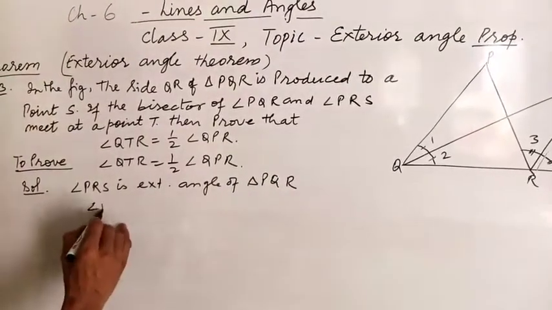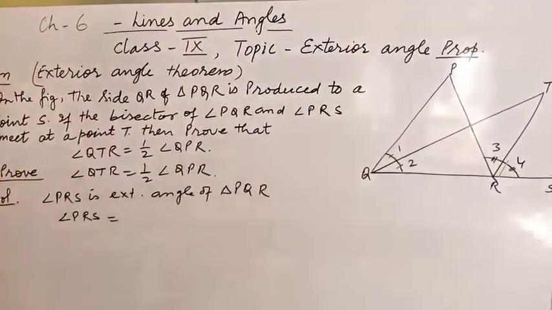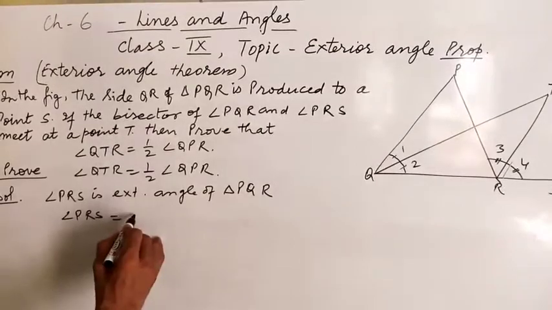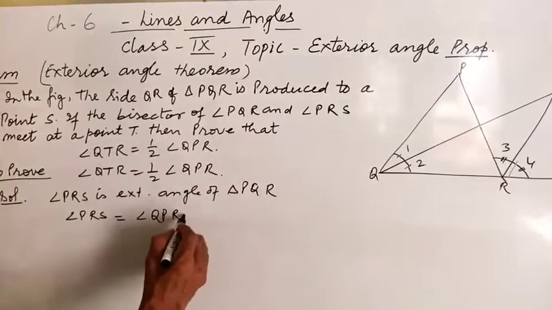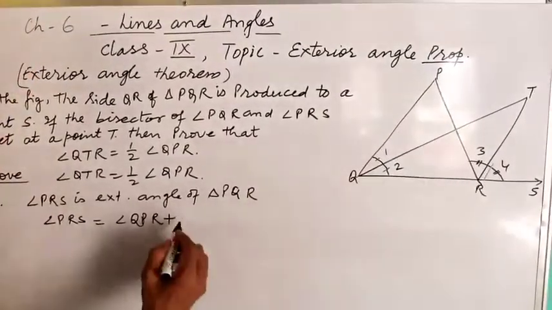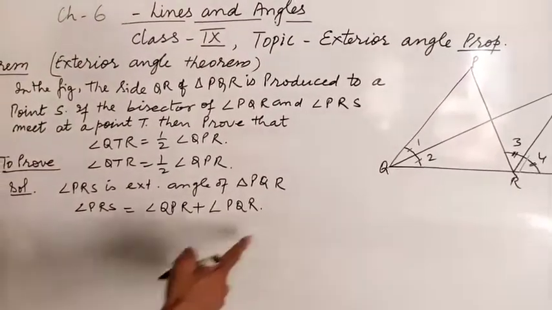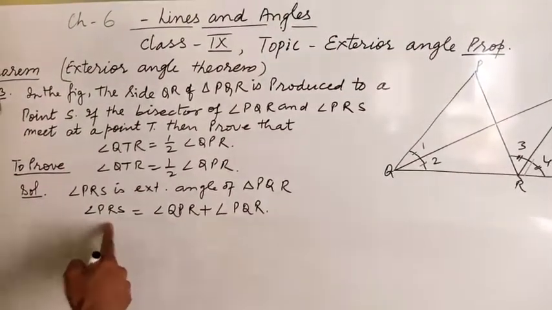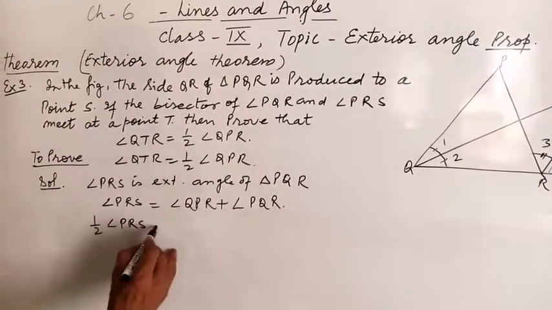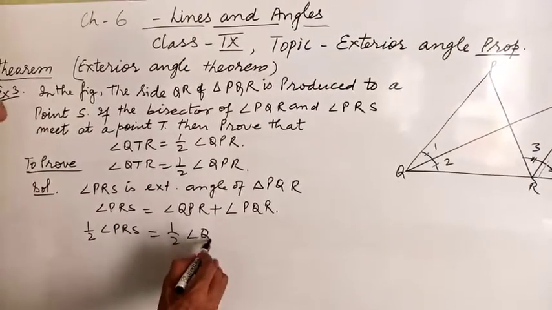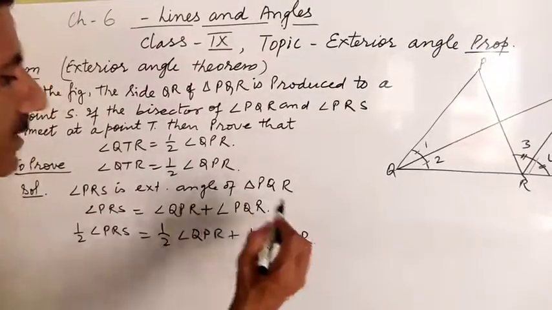So angle PRS will be equal to the sum of the interior opposite angles of triangle PQR, that is, angle QPR plus angle PQR. Now, bisecting, we divide this equation by 2. So half angle PRS is equal to half angle QPR plus half angle PQR.